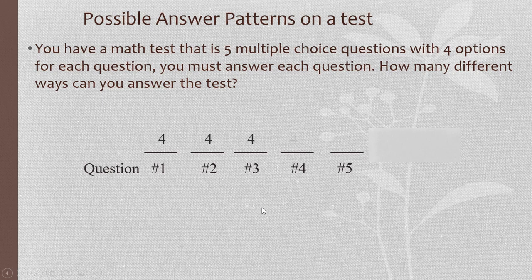So there's 4 possibilities for each answer. So it's simply going to be 4 to the 5th power, 4 times 4 times 4 times 4 times 4, or over 1,000 possibilities. So your chances of getting all 5 questions right just by guessing are pretty small, because there's over 1,000 different possibilities that it could be.